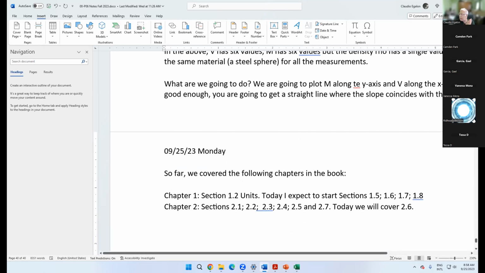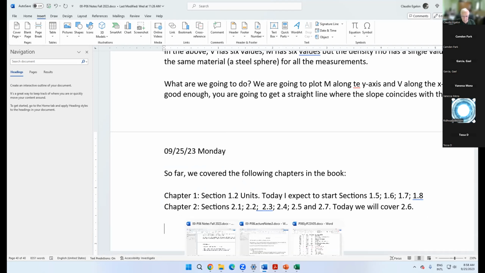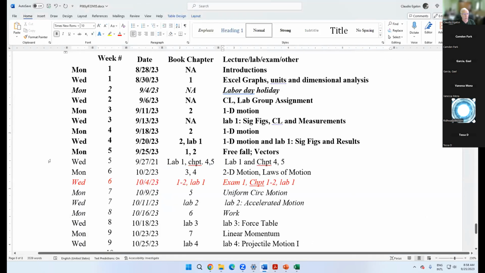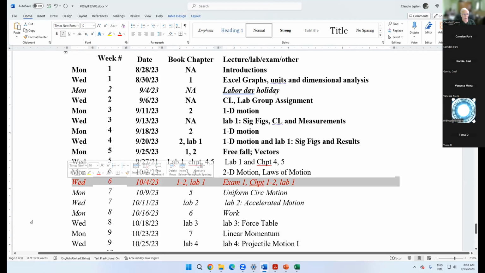Next lecture meeting. Oh, and don't forget, very important. Here's the schedule. We're going to have an exam next week, Wednesday, on chapters 1 and 2, and the things that we have covered for lab 1.